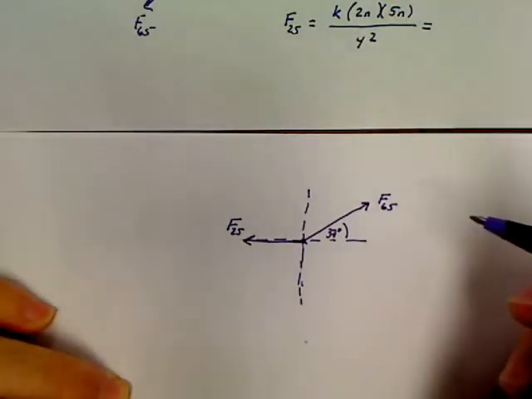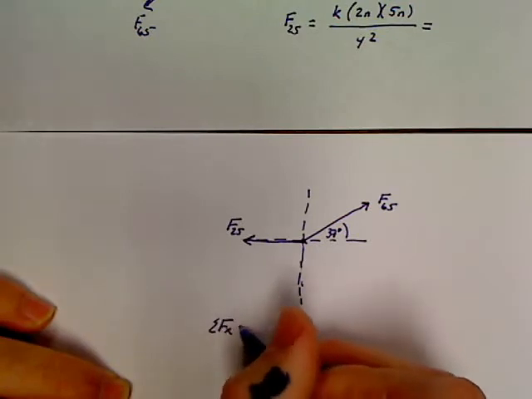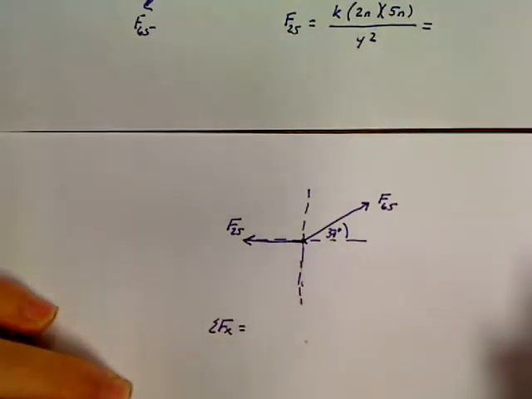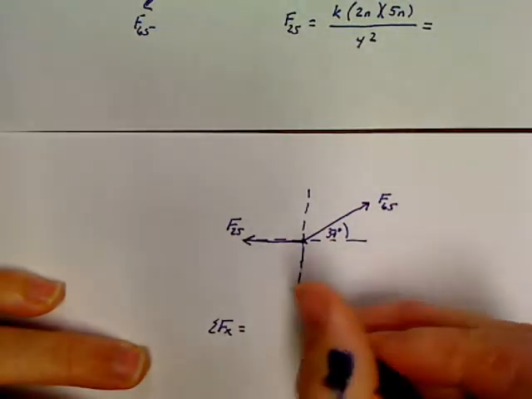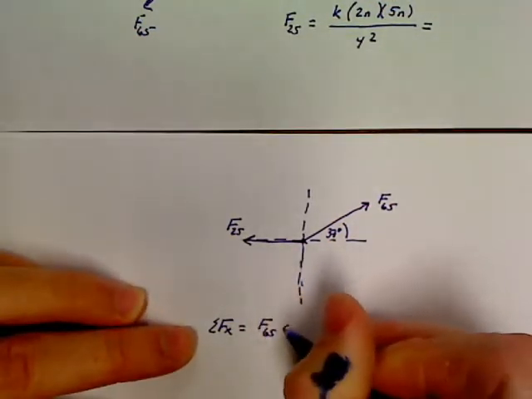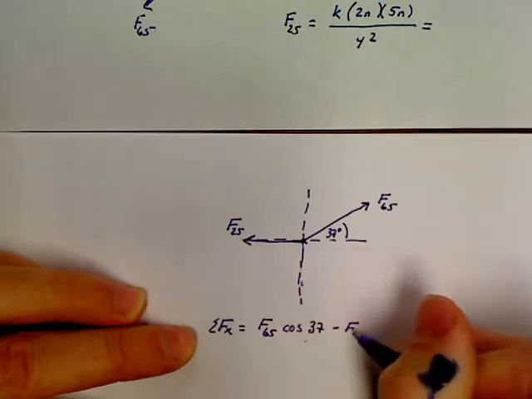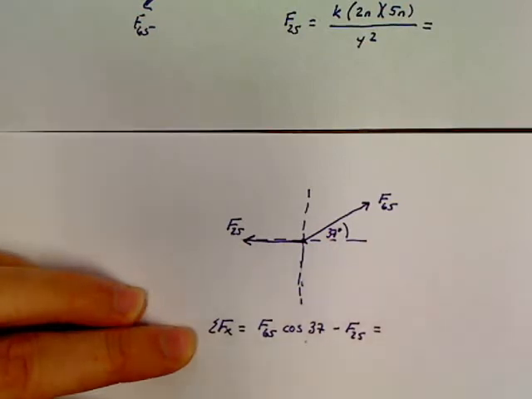We're going to add up the forces, and we're going to find the resultant, and we're going to find the angle. Sum of the forces in x, and I don't have the numbers calculated, so I'm just going to write it out like an equation. Sum of the forces in x would be F65 cosine of 37 minus force 25. We get that value.